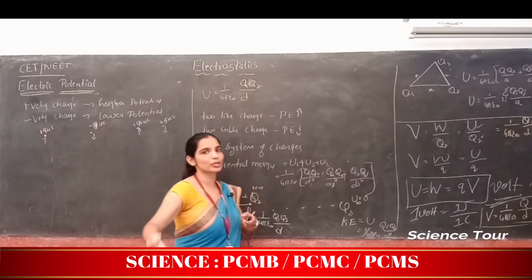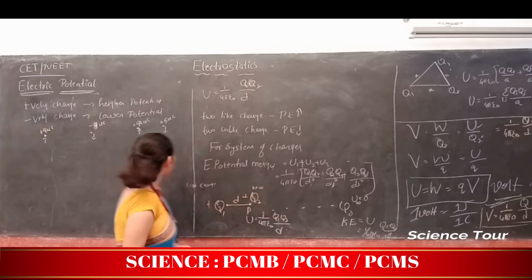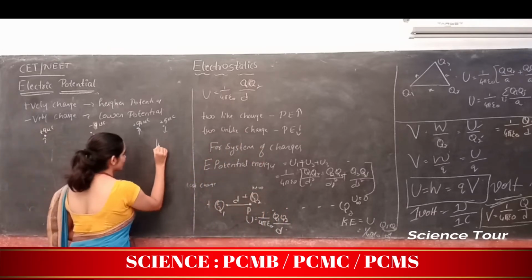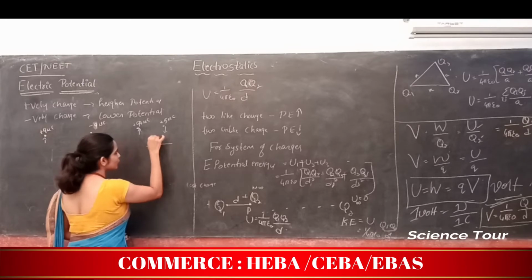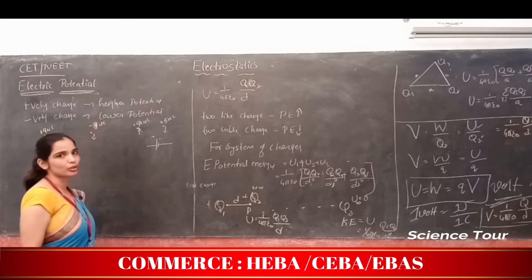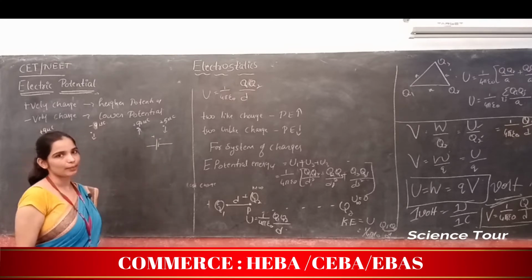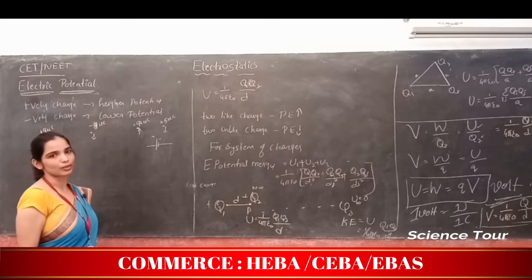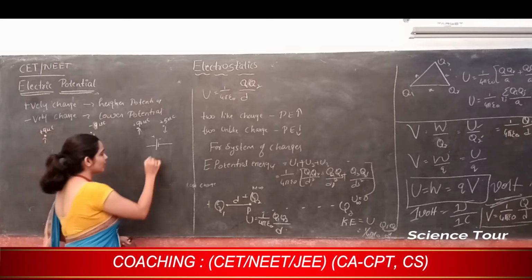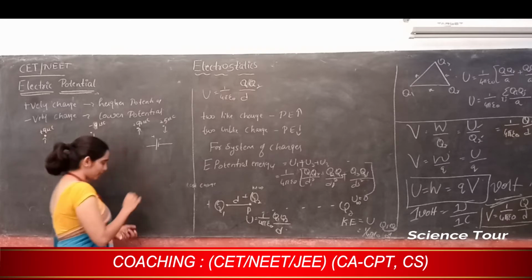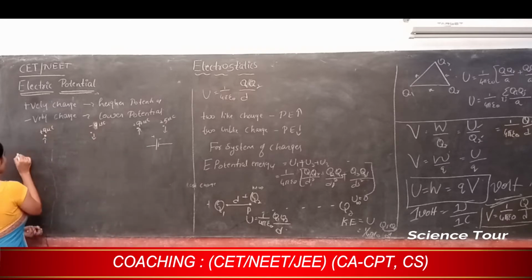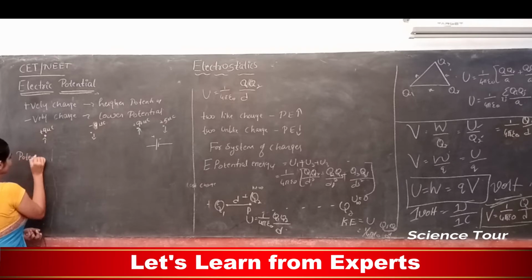It depends on which is there next. So if you have a battery, a cell, this is the positive terminal of the cell, this is the negative terminal of the cell, correct? To know that, you should know what potential difference is.